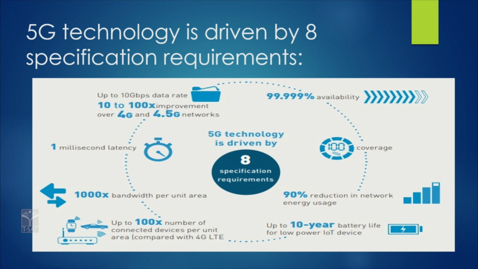So it increases the lifespan of the battery also, and the bandwidth per unit area is 1000 times that of the 4G network, and the speed is up to 100 times for the number of connected devices per unit. So if you connect any devices, the speed will be 100 times here. These are the 8 significant advantages.